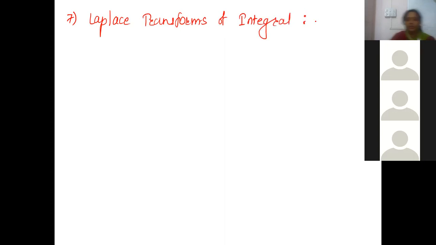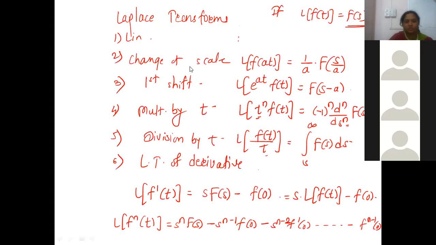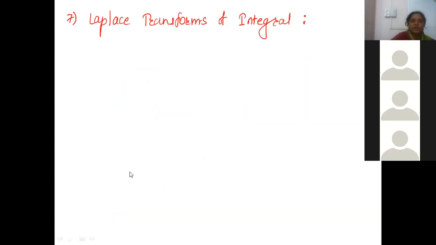Laplace transform of integral. Now derivative we have seen lastly. First change of scale, first shift, then multiplication by t, division by t, Laplace transform of derivative, and last is Laplace transform of integration.